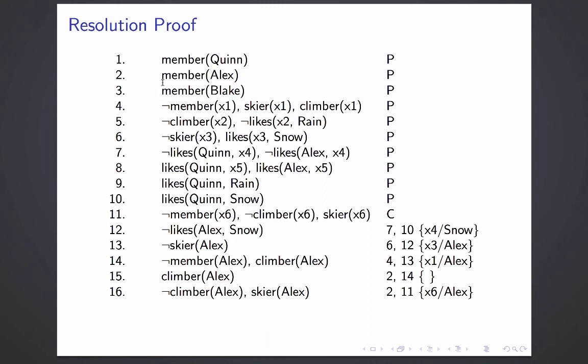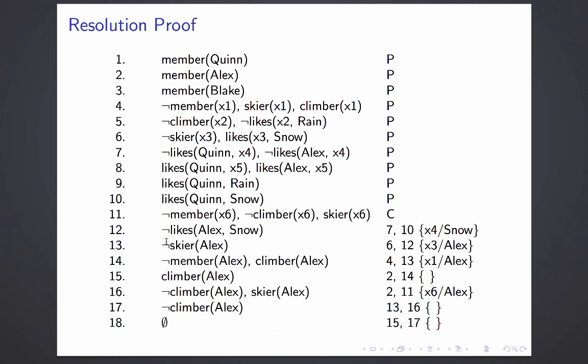Now I'm going to resolve 2 and 11. So that's going to resolve on member, that binds X6 to Alex, and then I substitute in Alex for not climber and skier, and that gives me 16. Next, I'm going to resolve 13 and 16, not skier Alex with skier Alex, and not climber Alex is left over.